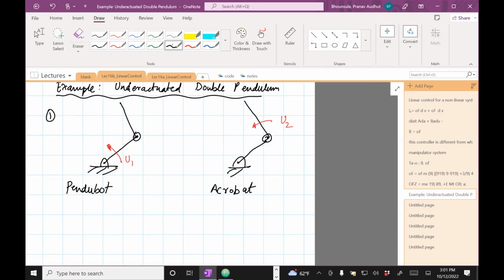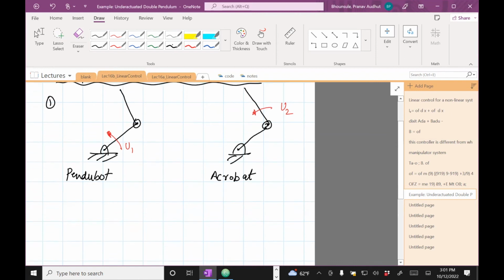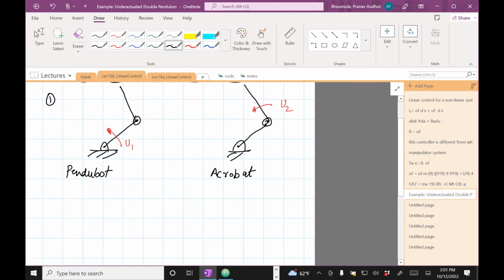Why Acrobot? Because when an acrobat swings on a pole, he or she is using the muscles on the hip to move. You cannot apply a torque with your hands. You can only apply it with your hips. So that simulates a person on a swinging bar. And that one is called a Pendubot. Okay, so here we have Q1 and Q2.